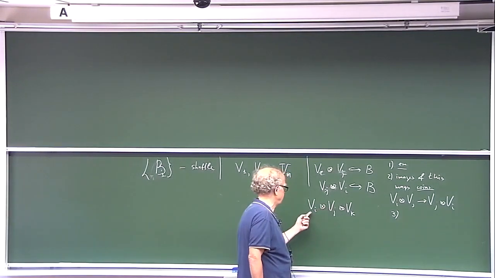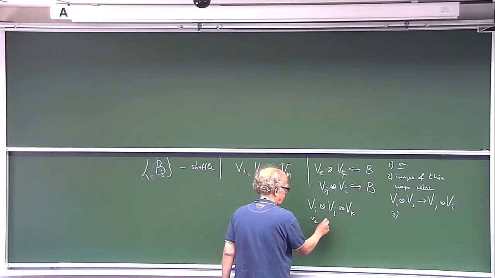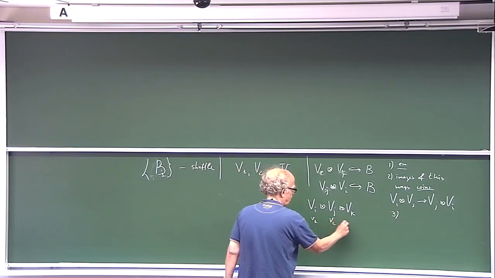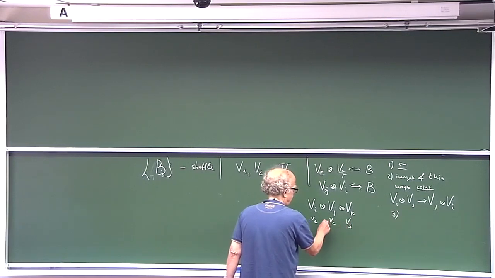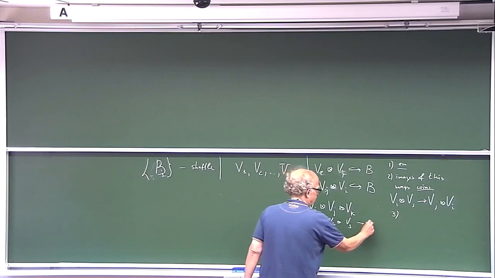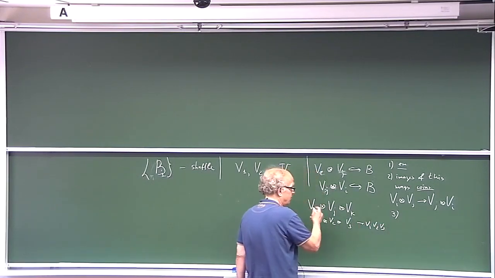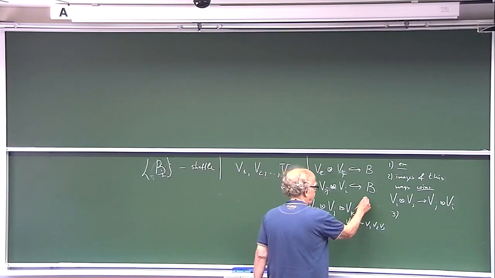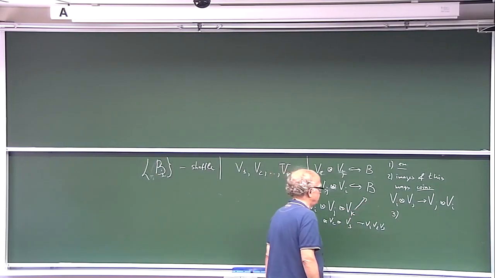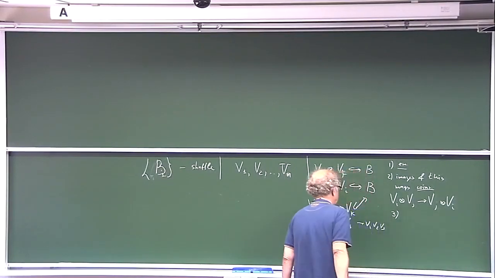If we have V1 from here, V2 to here, V3 to here, this goes to a product that is V1, V2 times V3. So it is also a map from this to B, and suppose this map is also an embedding.